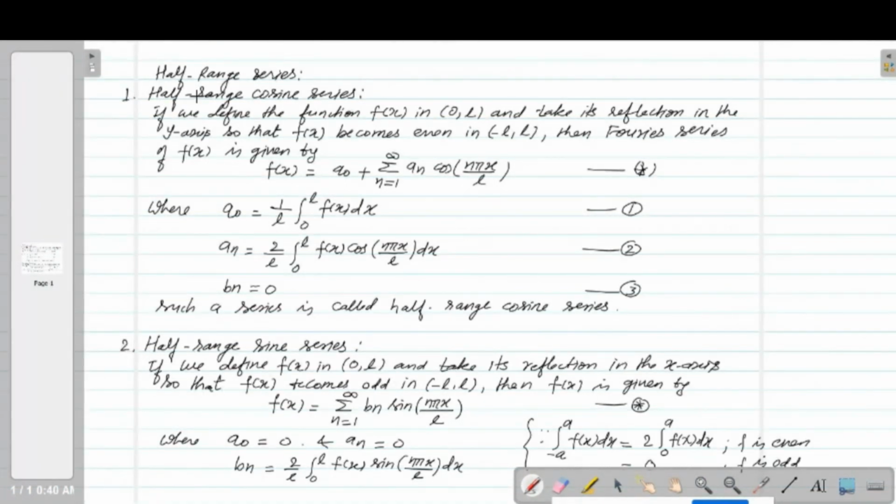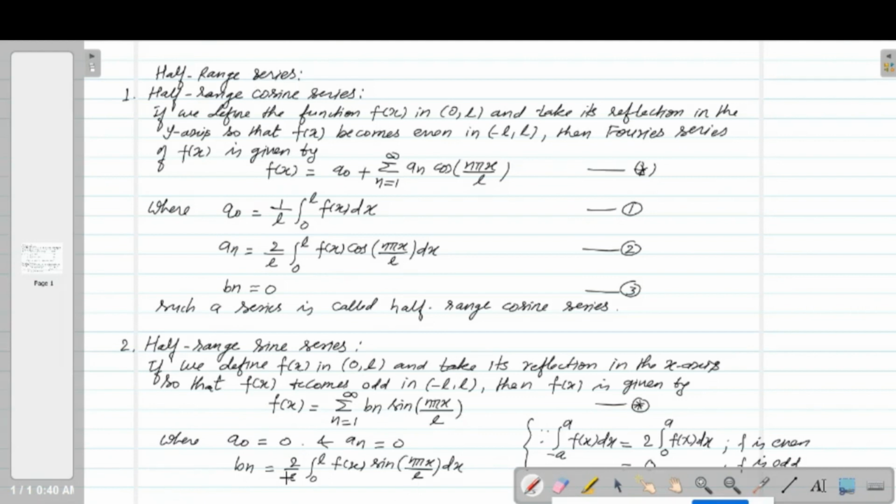So this is the half range cosine series. Why is this called the half range sine series? Because only the sine term will survive. The cos term vanishes, and the constant term will also vanish. So only the sine term is there, and that's why it is called the half range sine series. Get it?